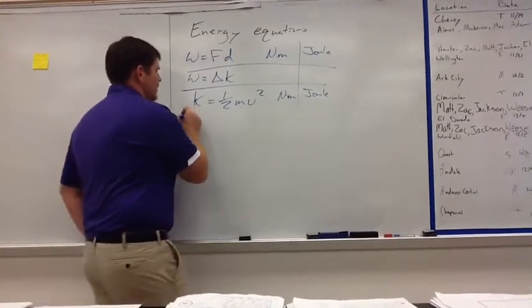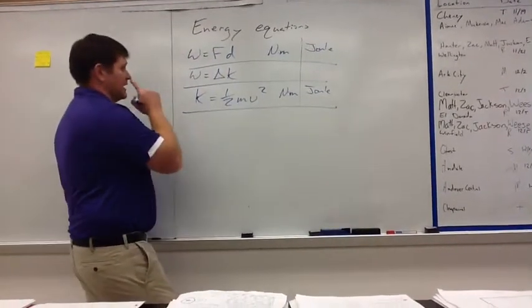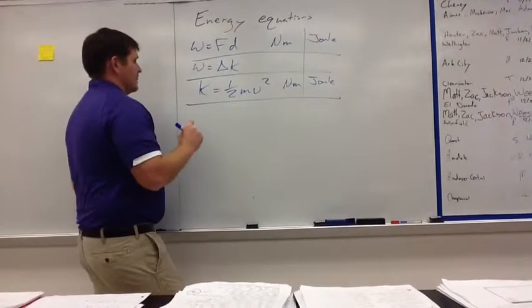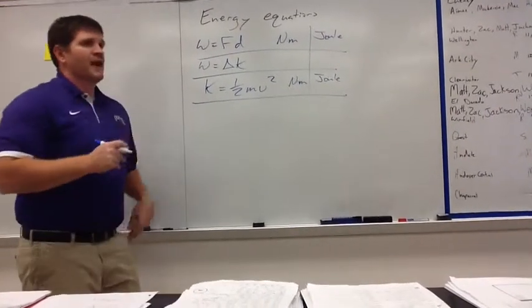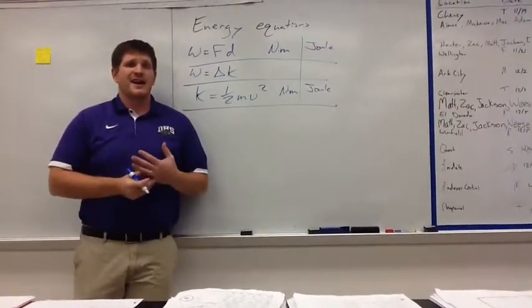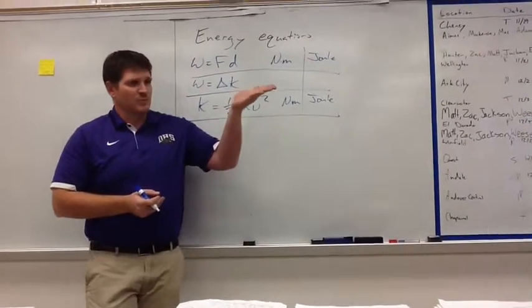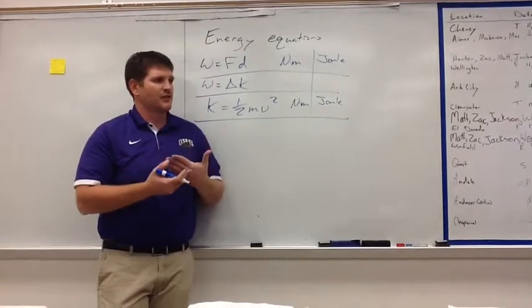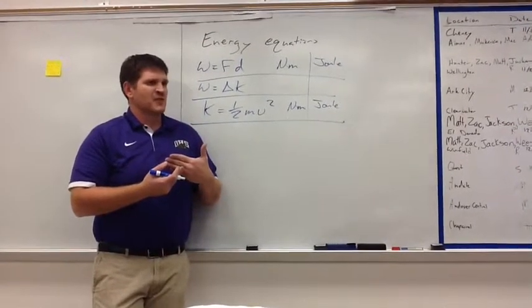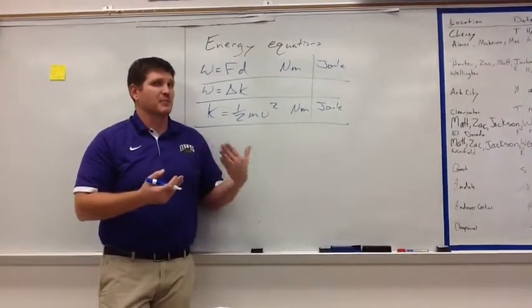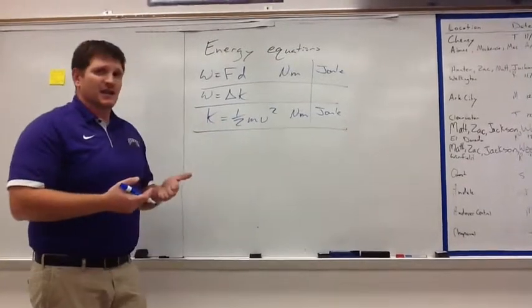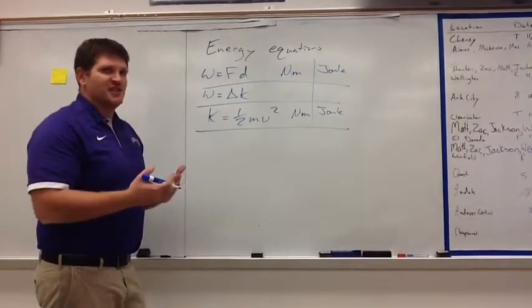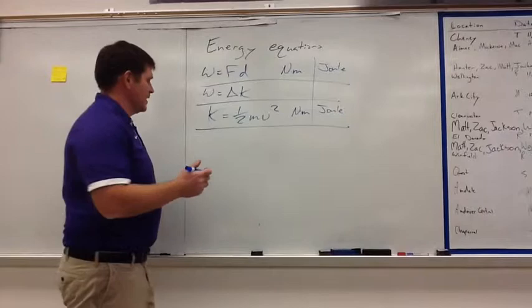Alright. Things we're going to see with kinetic energy. If I have a motion, if I have an object moving, we're performing kinetic energy. I'm beyond the potential to have energy. I'm actually doing it.